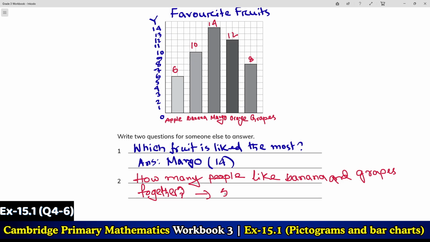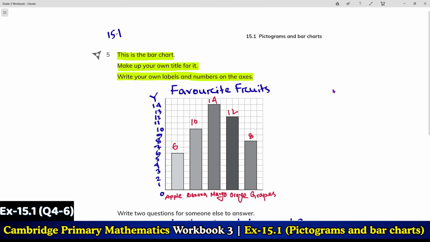Answer will be, banana, how many like? 10, right? So answer, 10 plus grapes is like 8 equals 18 people. Okay, so question 5 done.